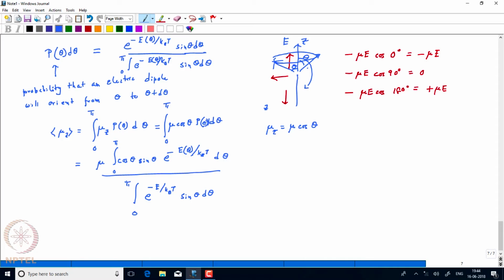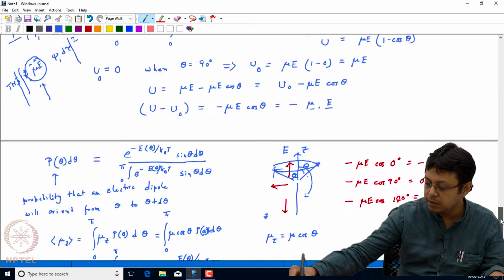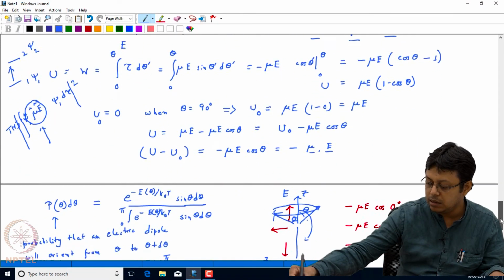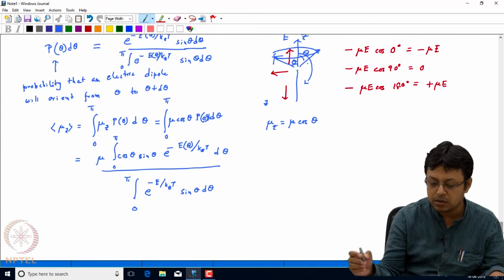Now, you can actually integrate it, but I will not do this integration right now. What we can show is that we have basically the energy of the dipole, and we know that the energy of the dipole is also dependent on the angle, which is mu times E times cos theta.